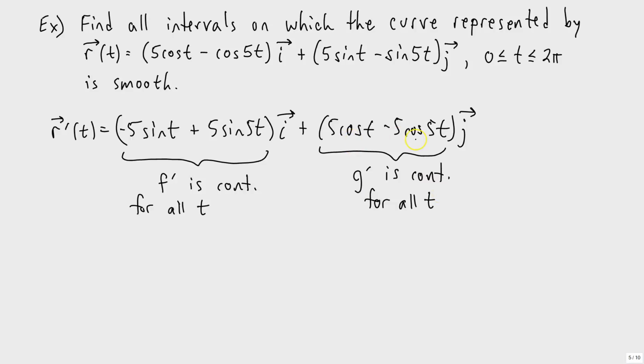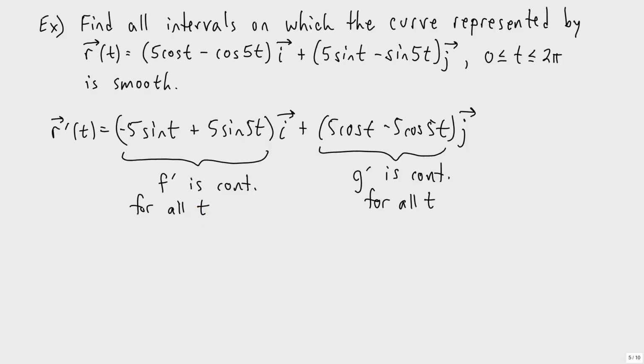For the same reason, because cosine and cosine of 5t are both continuous functions, and their sum or difference is also continuous. Okay, so we've met that condition that the derivatives of the component functions are continuous on some interval. And they're definitely continuous from 0 to 2 pi, because they're actually continuous for all values of t.